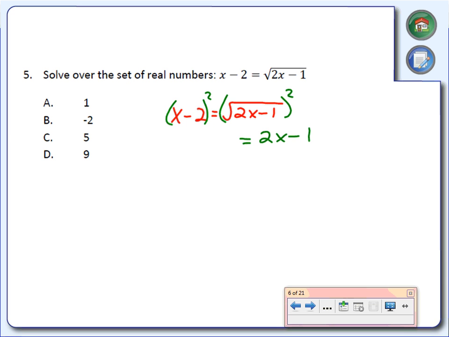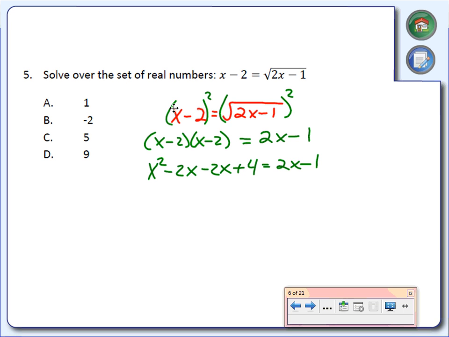The square root and the square cancel each other out. Now we need to be real careful when I square the left side. What I'm doing is x minus 2 times x minus 2, so I'm going to have to do some FOIL here. X times x gives me an x squared. X times a negative 2 is a negative 2x. Negative 2 times x is a negative 2x. And a negative 2 times a negative 2 is a positive 4.